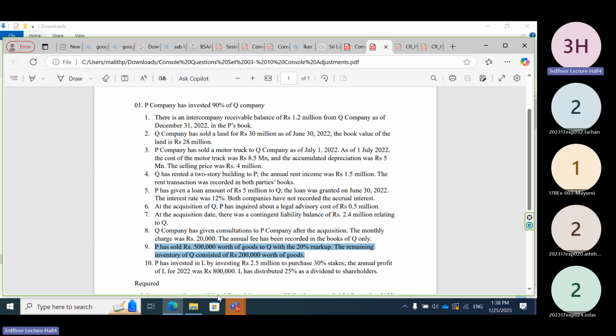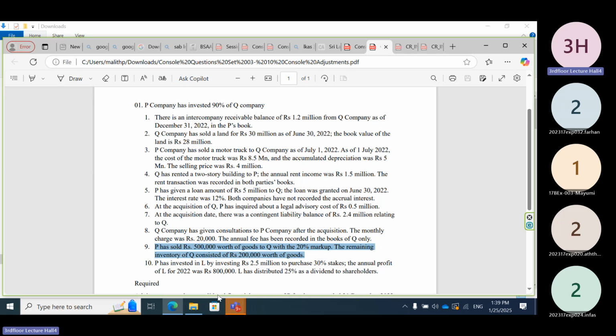$32,000 unrealized gain is there. $200,000 they are keeping as inventory.